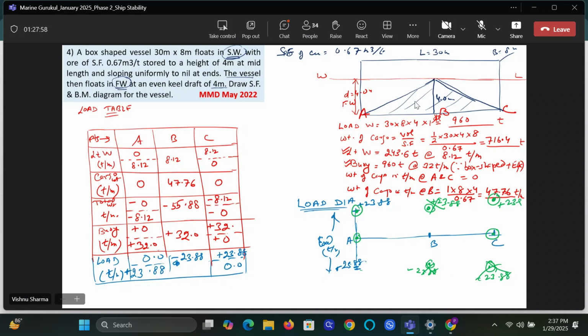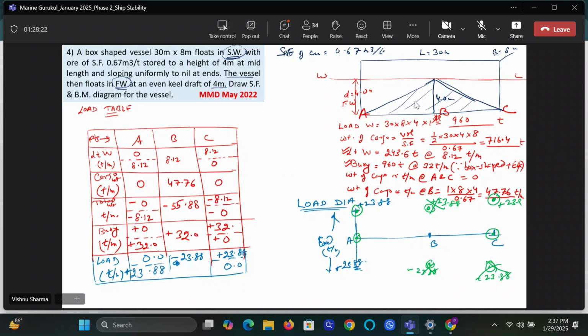Slanting straight line. In the questions that you did yesterday, go back to those questions. The lightweight was a straight horizontal line. The buoyancy was a straight horizontal line. Cargo weights were horizontal lines. Their values may be changing from hold to hold, but in each segment they were horizontal lines.